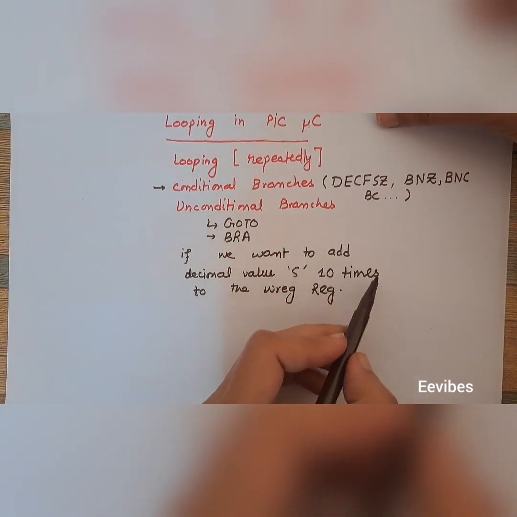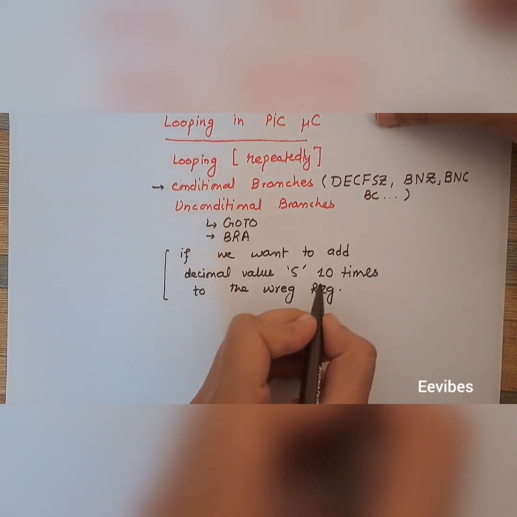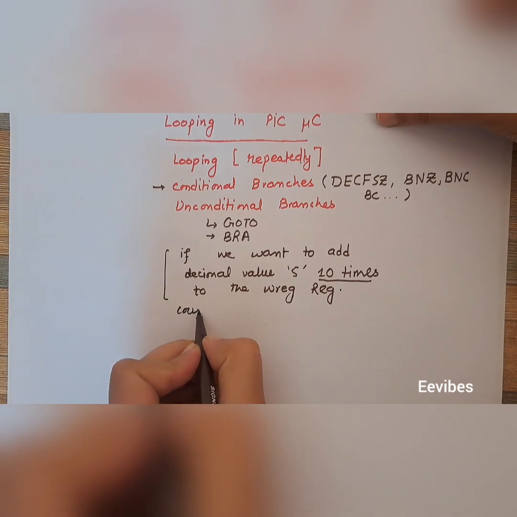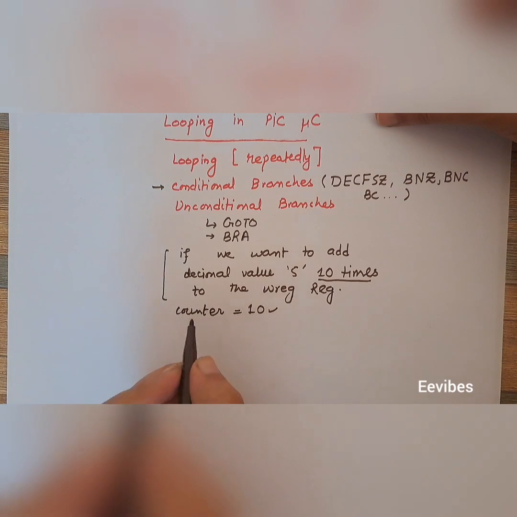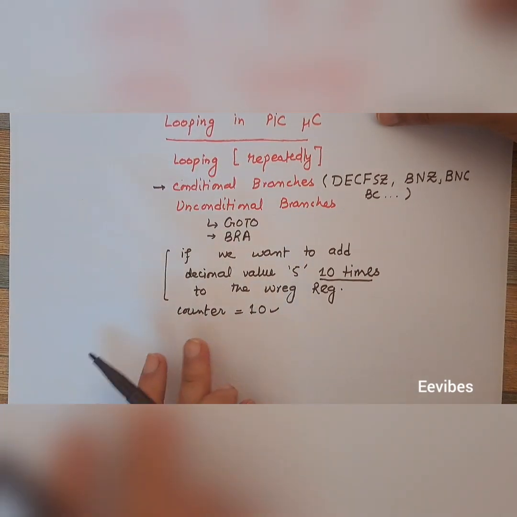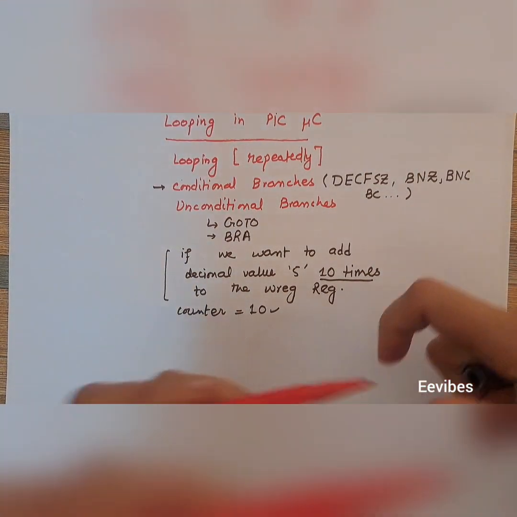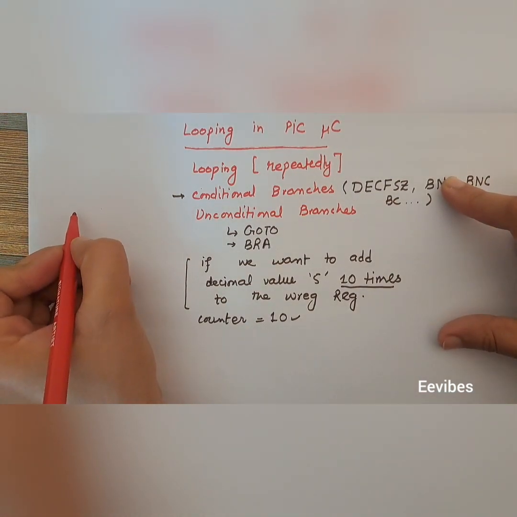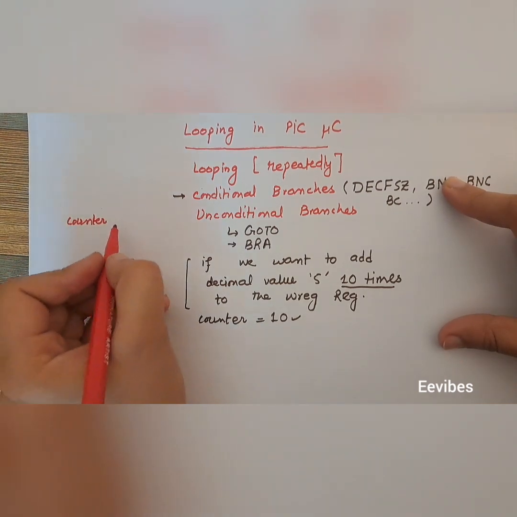So we perform this task using looping now, and for that we can see here the counter value. The counter that we need to set is equal to 10, and then we can add 5 using this counter. Whenever you have to write a code for such a problem, the first step is to allocate a memory with the name counter and initialize the counter.